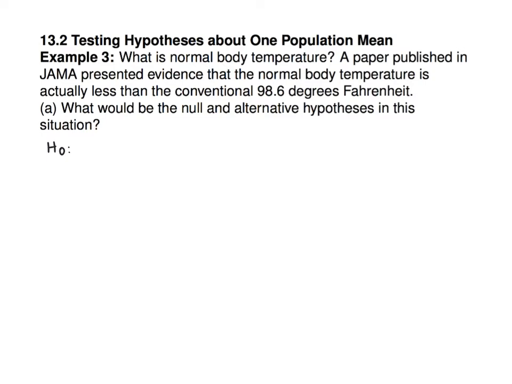Okay, so we're talking about a specific value, which means we're looking at a mean, not a proportion. So our null hypothesis of nothing going on would be that the mean body temp mu is 98.6. So the average body temperature is 98.6 degrees Fahrenheit.